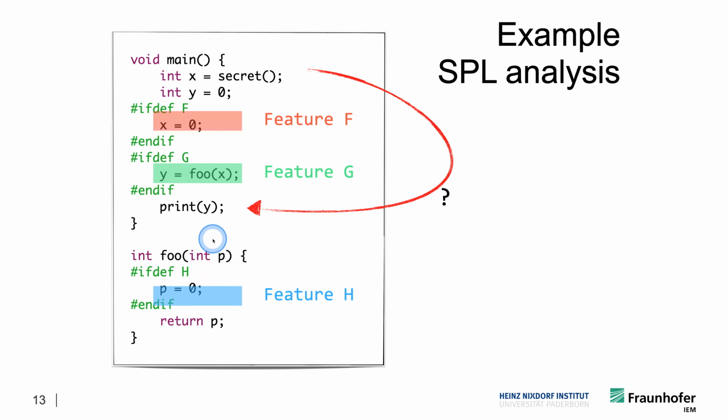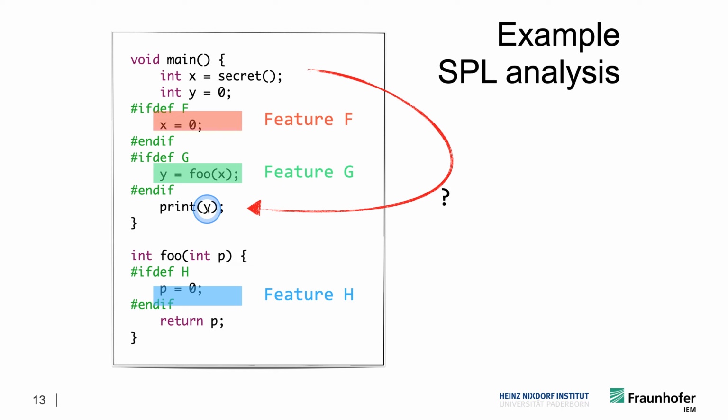Any feature that is enabled, those lines are included in the code, but the other ones are not. And now you can take a look at the code and try to figure out for which configurations a data leak can actually occur. So which features have to be enabled and which have to be disabled for the secret to flow to y at this point.